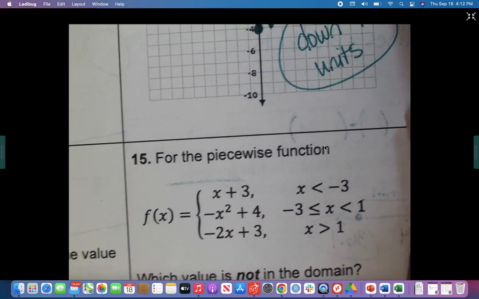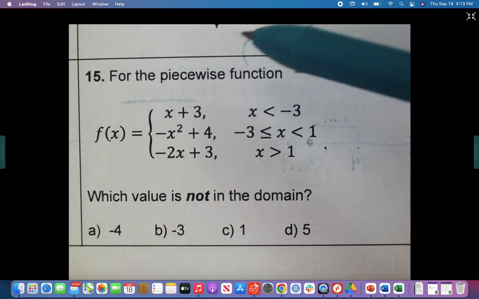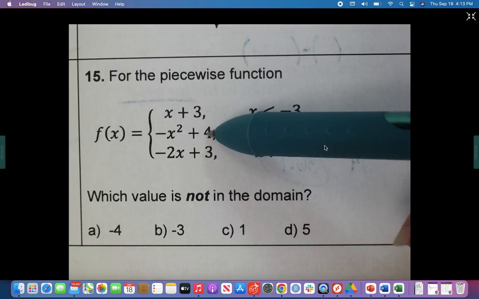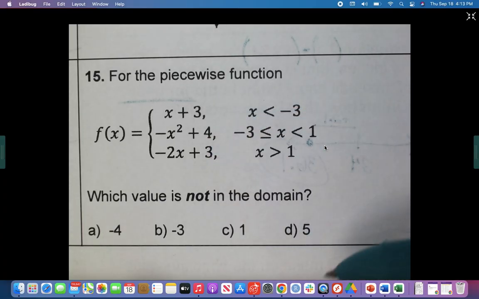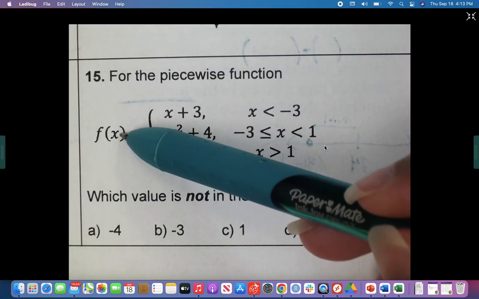15, so now we're on to piecewise. So end of the review little section, now we're on to piecewise. So remember piecewise functions, those are separate or different functions that we put together and define for specific x values to make one big function.